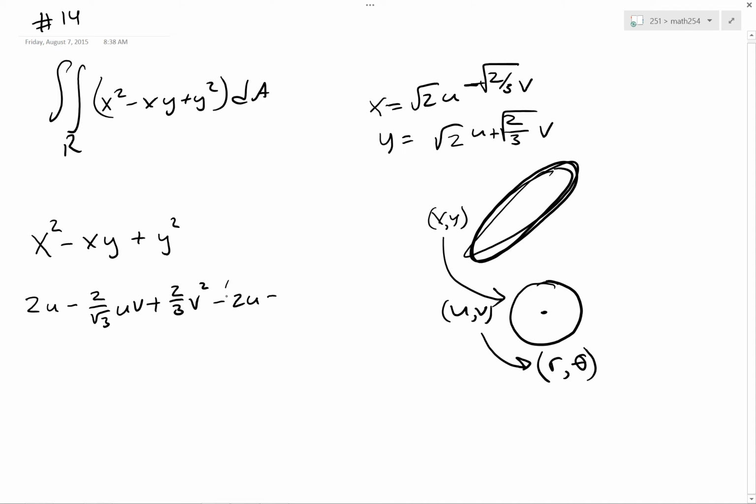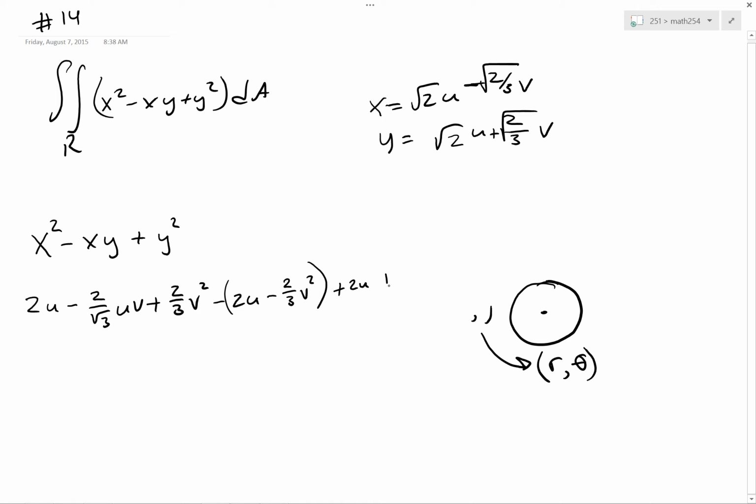And then it's going to be minus 2/3 v squared. And then the last one is this thing squared, so it's going to be plus 2u squared plus 2 over the square root of 3 uv plus 2/3 v squared.